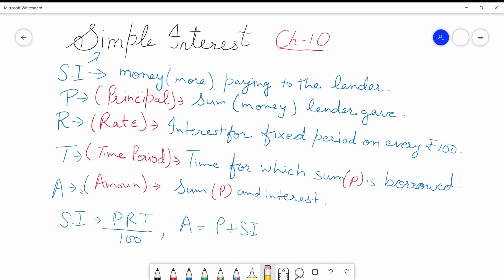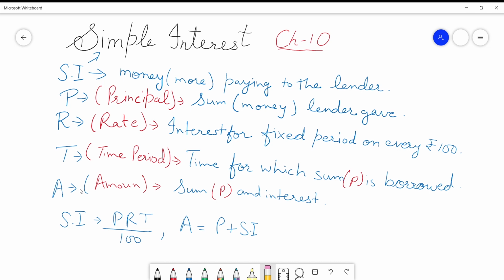The third term is R, which we can call the rate of interest or simply rate. This is the interest for a fixed period on every 100 rupees. Then comes the term T, that means the time period for the loan, for which the sum is borrowed.